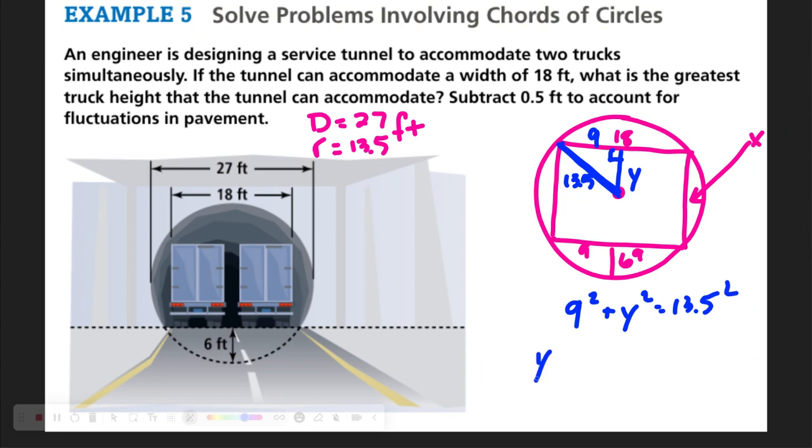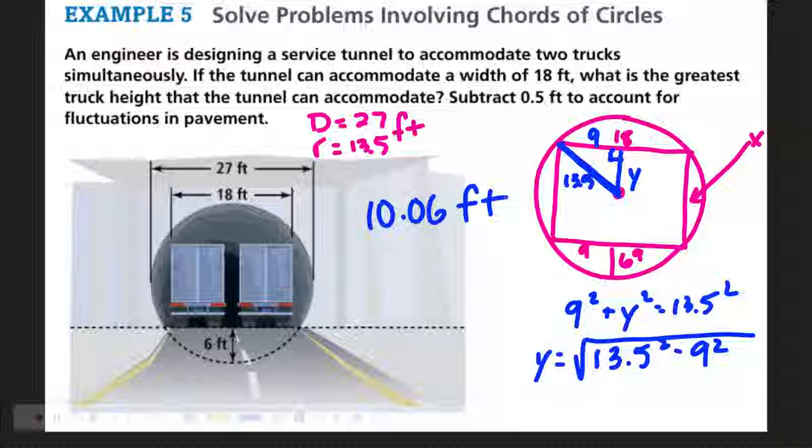So y, can anybody do this for me really quick? Square root of 13.5 squared minus 9 squared. 10.06 feet.